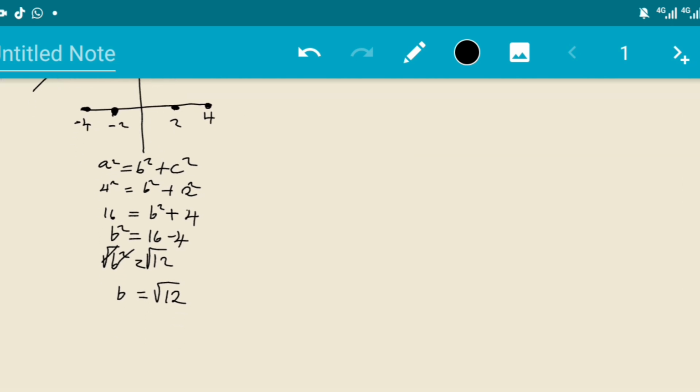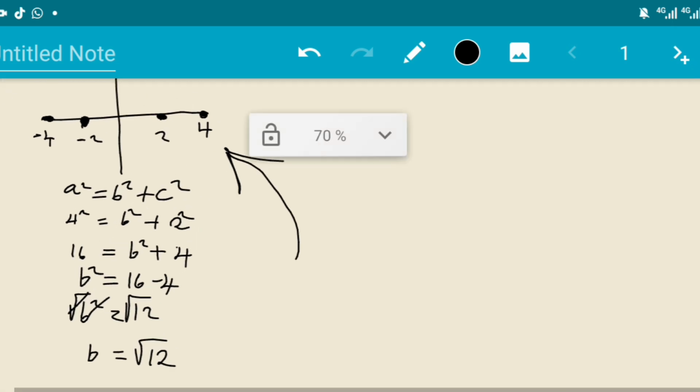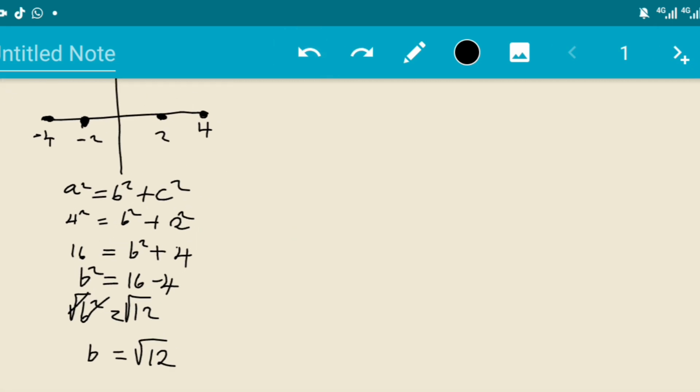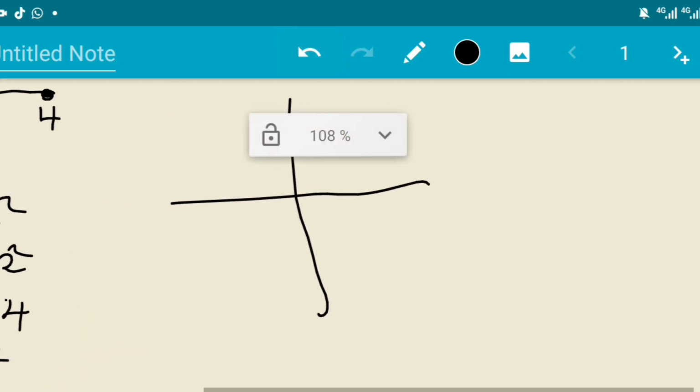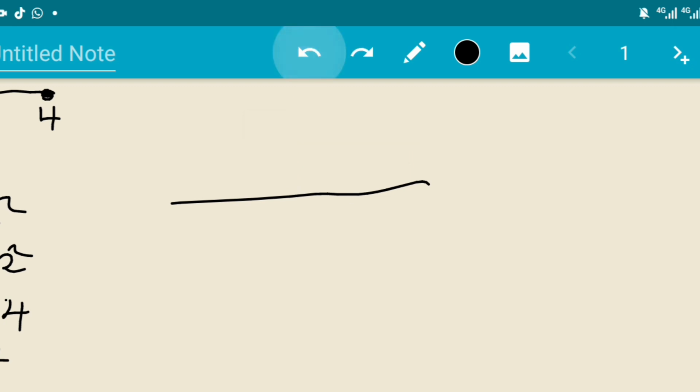It's 3.46. Now, because 3.46 is smaller than 4, then obviously our minor axis is at the top there. By that I mean our graph looks like this. A is from here to here. So from the origin up to here, that's 4.